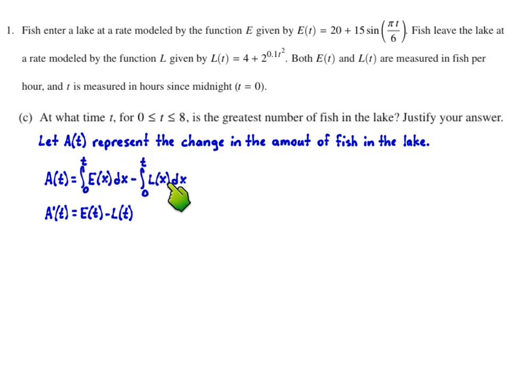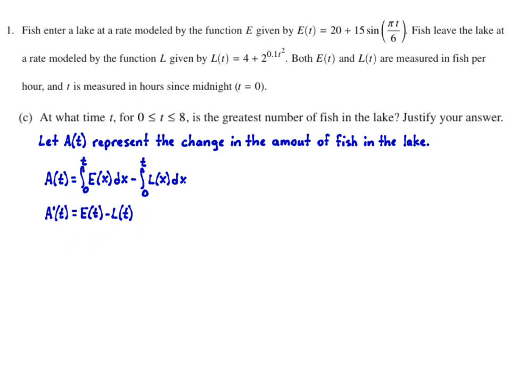And then the derivative of this will follow the same rules, so we get L of t. So this is the overall rate of change. Remember, E represents the rate in, L represented the rate out, so the rate in minus rate out represents the overall rate.